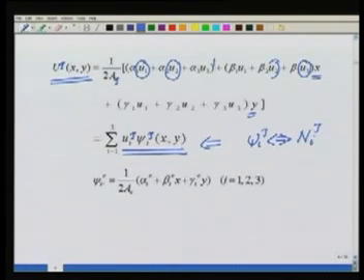And it turns out that psi I tau is given as 1 by area of the triangle into alpha I tau plus beta I tau x plus gamma I tau y. So these psi I taus are our shape functions in the element.